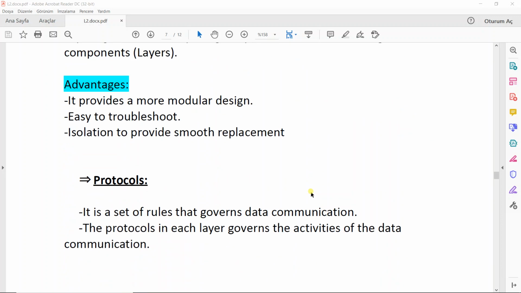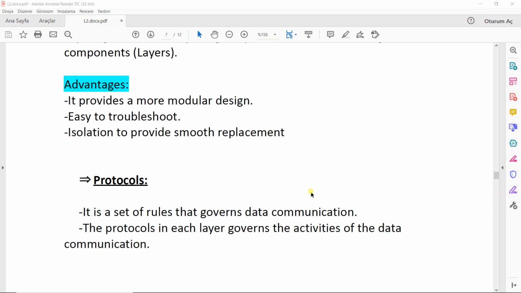If you want to summarize the advantages of layering, we can put them in these 3 points. One, it provides a more modular design. Modular design, you know, in coding, even if you want to code an app, you have to make it modular, like WordPress. If you have ever worked with WordPress, it's a plugin based design.